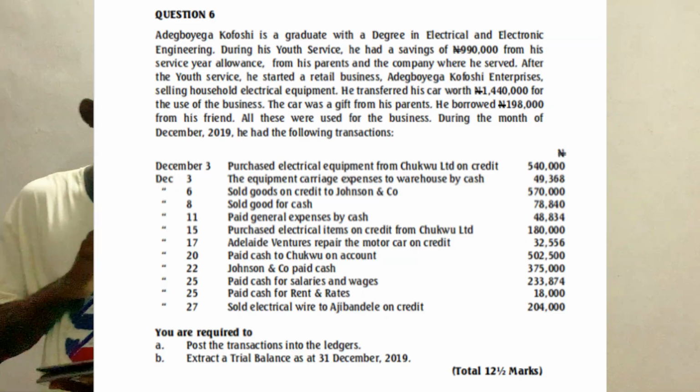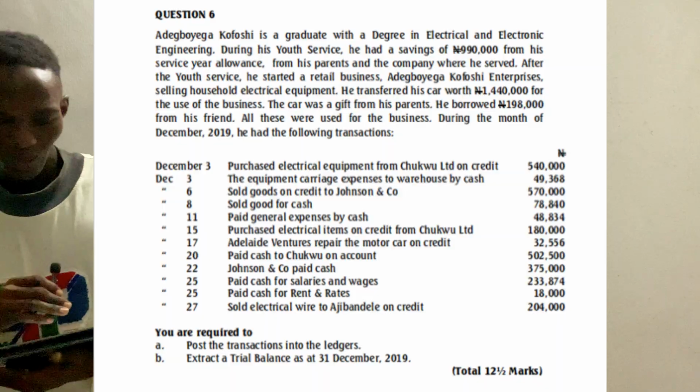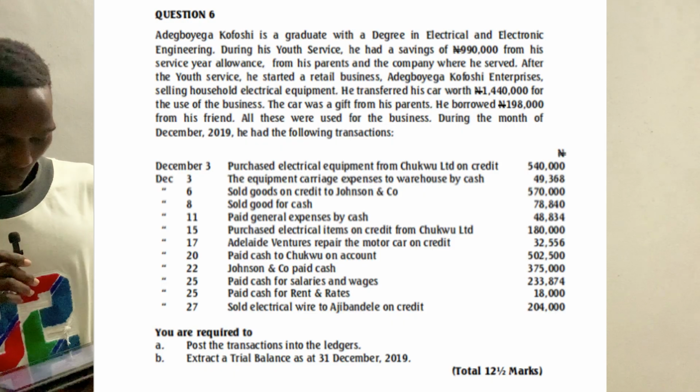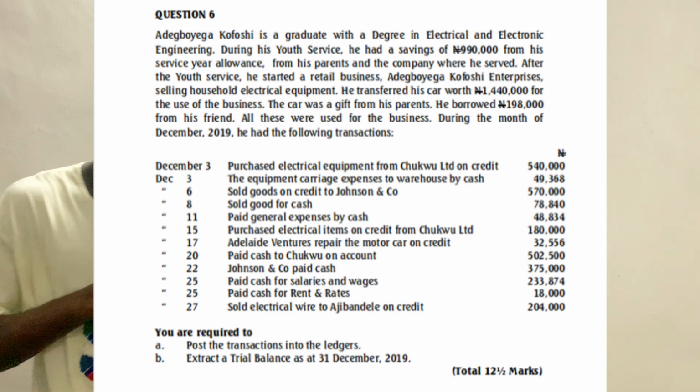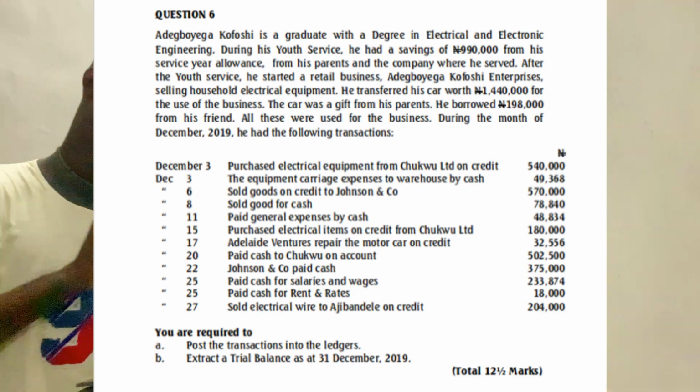During the month of December 2019, he had the following transactions, which are displayed on your screen. Our requirement: you are required to post the transactions into the ledgers. That's requirement 1. And we are also required to extract a trial balance as at 31st December 2019.